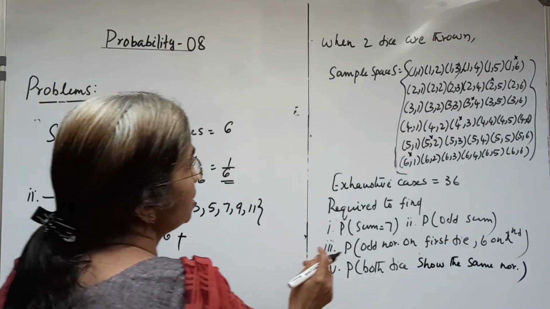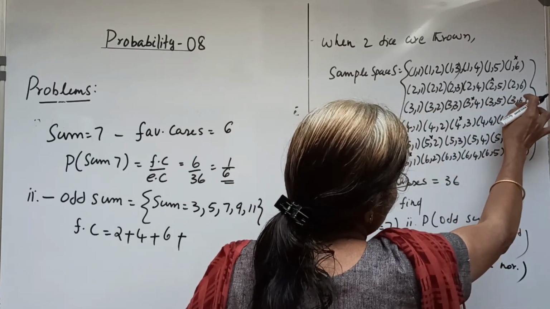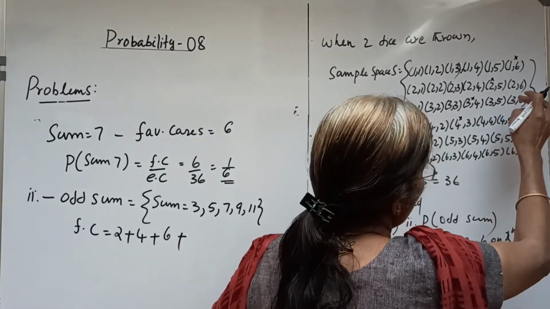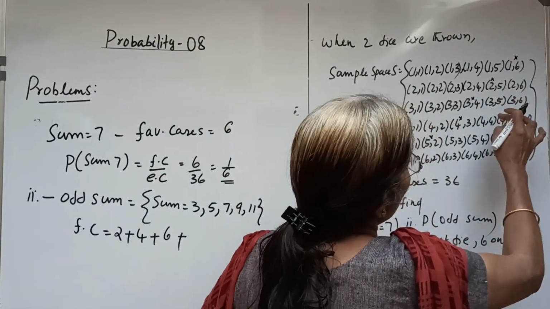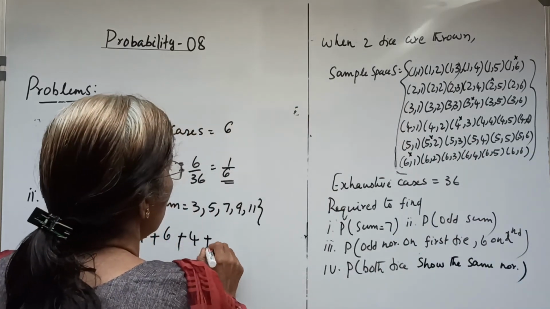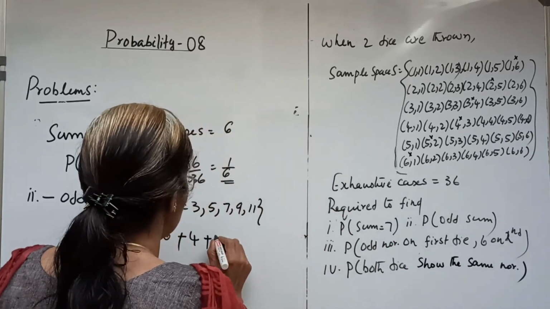And the sum 9, what about the sum 9? Third row, 3, 6 is the outcome for sum 9. So 3, 6, 4, 5, 5, 4 and 6, 3, that is 4. And sum 11 means 5, 6 and 6, 5, that is 2.